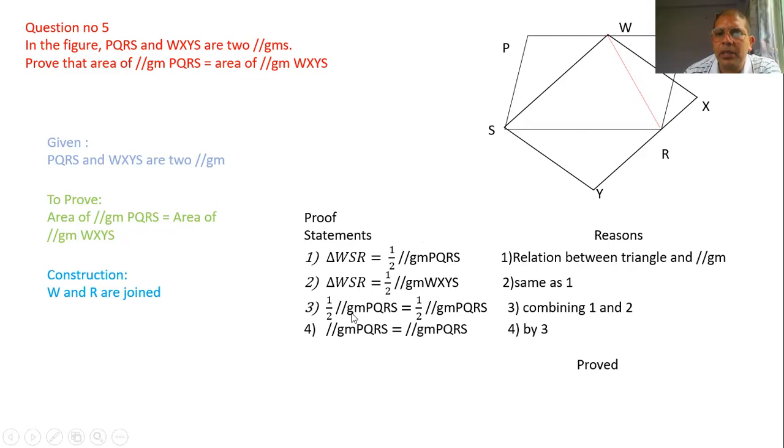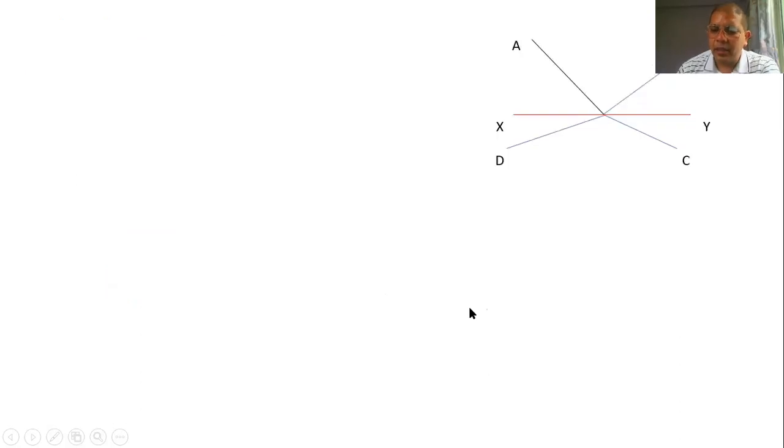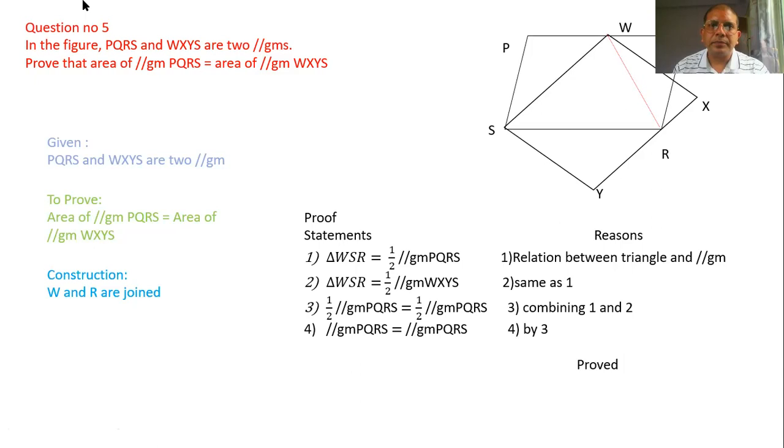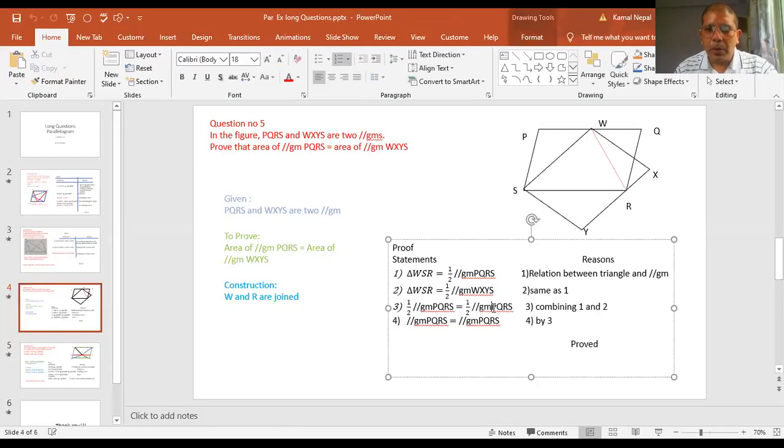So 1 by 2 parallelogram PQRS is equal to 1 by 2 parallelogram, sorry, here this is not PQRS, it is WXYS parallelogram, and the other is also WXYS parallelogram.